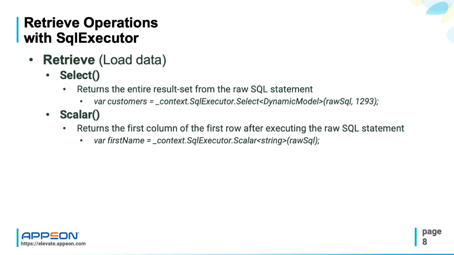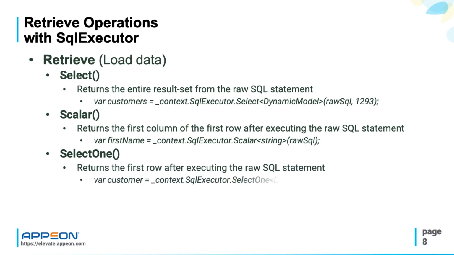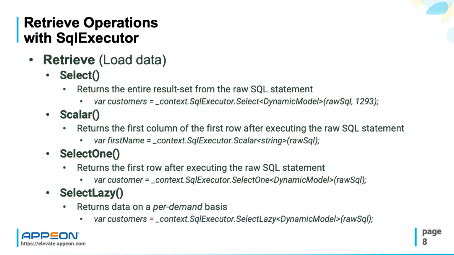Here's another example. The select1 method returns the first row after executing raw SQL statements. And another example of this method. Finally, the select lazy method returns data on a per on-demand basis, and one more example of this code too.